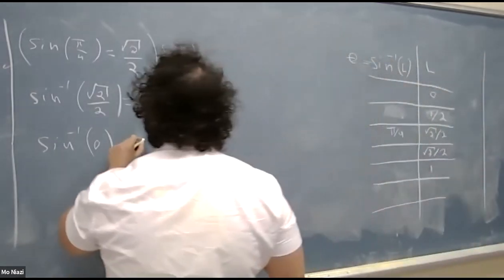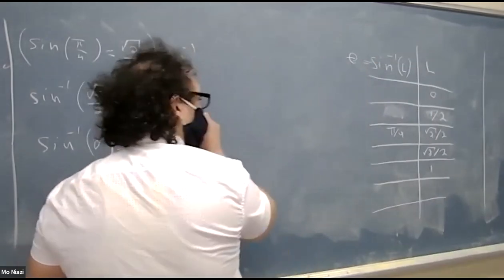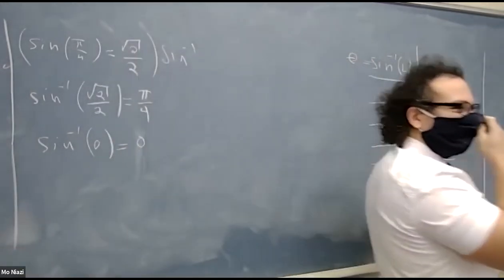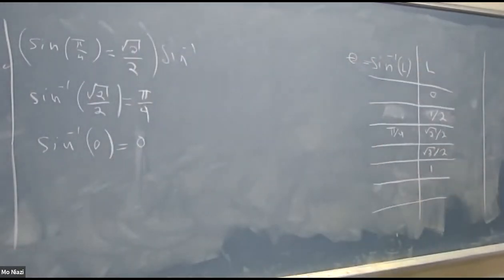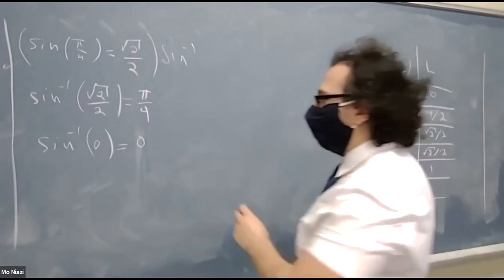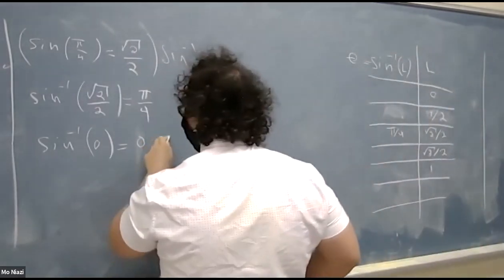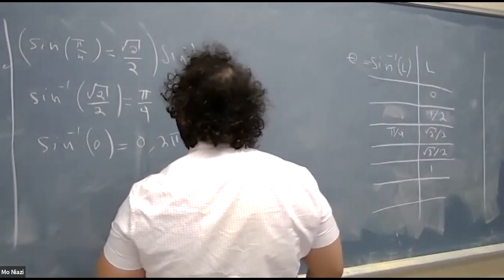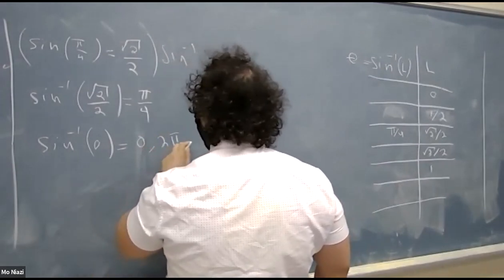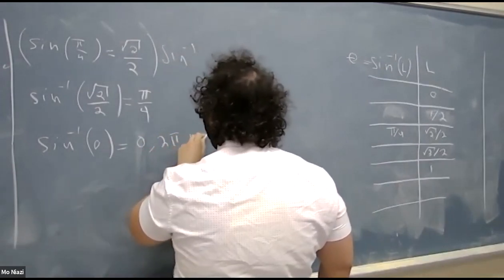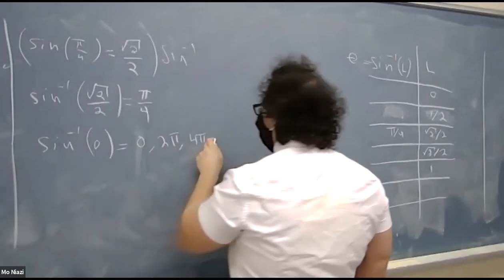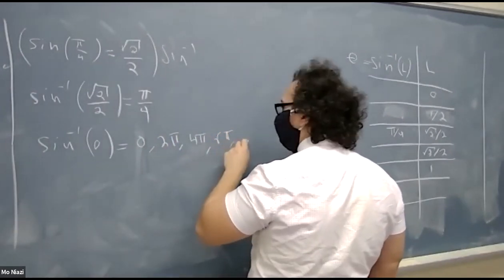Well, if the angle is 0, sine of 0 is 0, is it not? Furthermore, sine of 2 pi is 0, is it not? Furthermore, sine of 4 pi would then be 0, would it not? Sine of 6 pi would be 0, would it not?